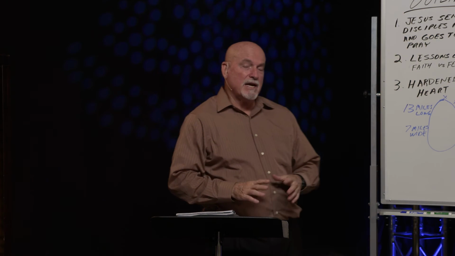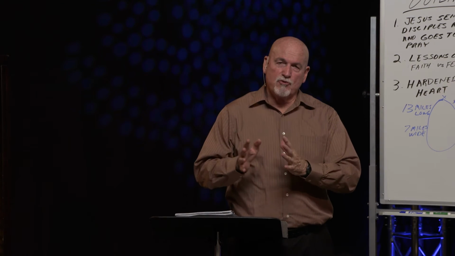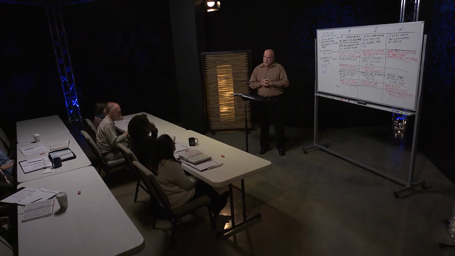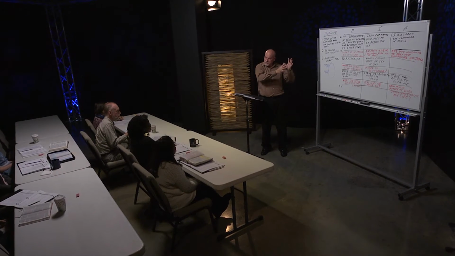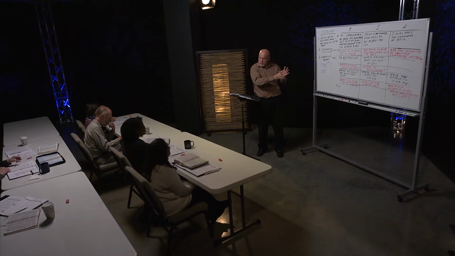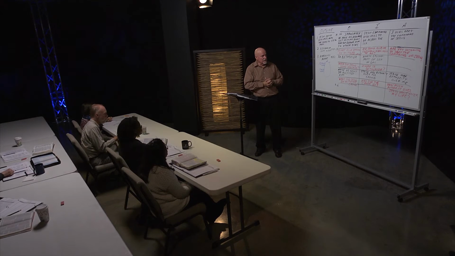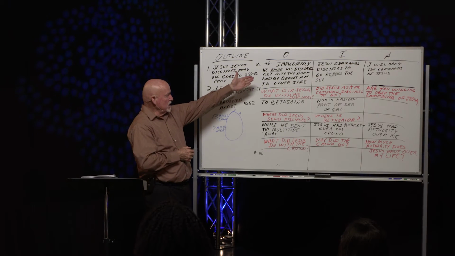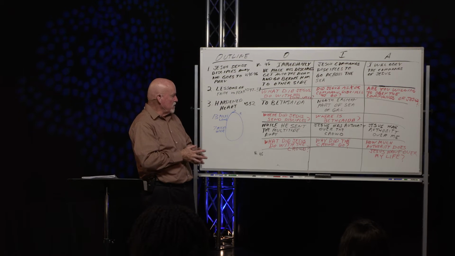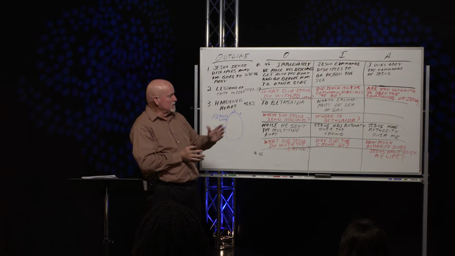Okay. All right, now we're going to go through the text with you. We've already covered verse 45. But now we're going to pick up on the next verse, and we're going to go through verse by verse, and I'm going to show you how you can make up your questions for your Bible study. And so the first thing, as we mentioned, Jesus had sent his disciples away, and so we asked the question, what did Jesus do with his disciples?